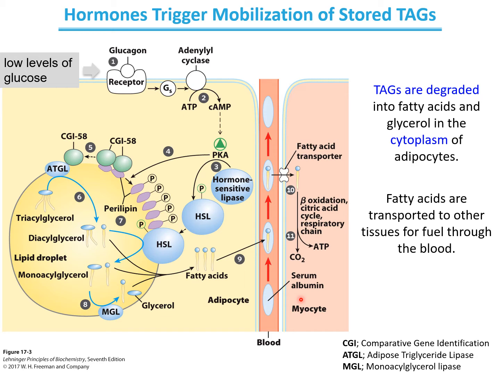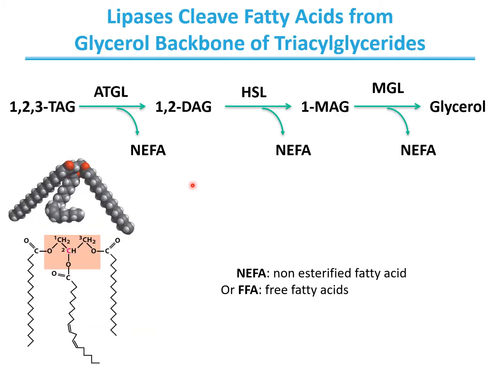This is a muscle cell, which will then use this fatty acid as an energy source, and via its beta oxidation, generate eventually ATP. Here is a summary of the fate of this TAG molecule, which is mobilized to release fatty acids at each step.